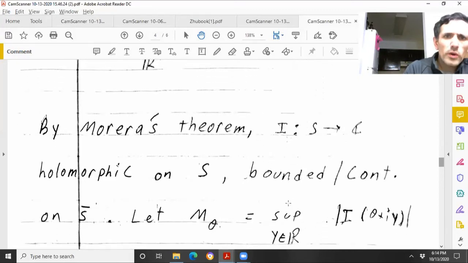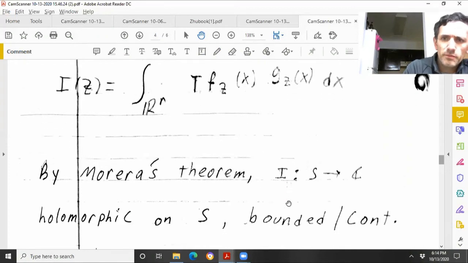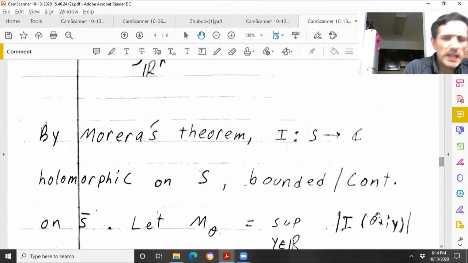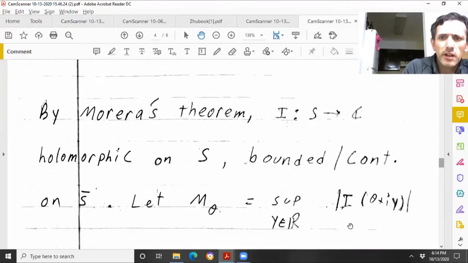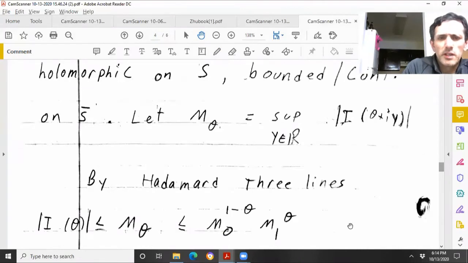All right, so we're going to apply the Hadamard three lines theorem to this holomorphic function. Right, so let's say m theta is exactly what we had before, except applied to I. Okay. So by Hadamard's three lines theorem, I of theta in modulus, for any theta between 0 and 1, well, it's obviously less than or equal to m theta, because m theta is the supremum over all y, so in particular, if we set y to be 0, we get I theta in modulus.